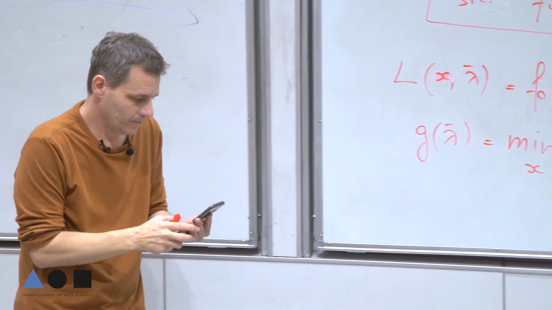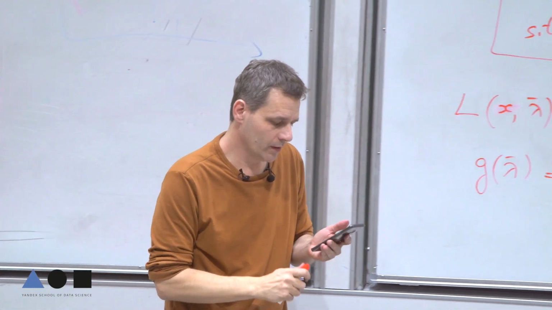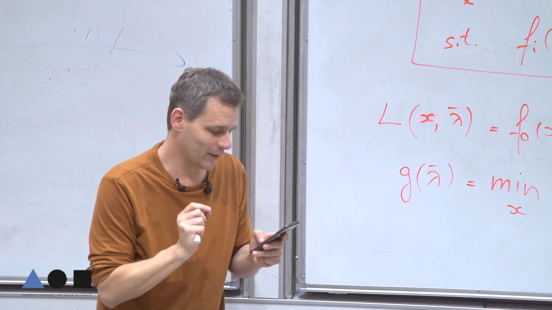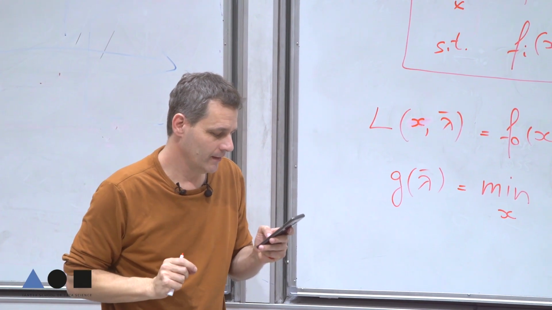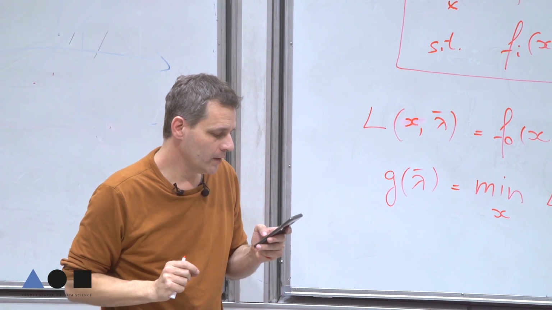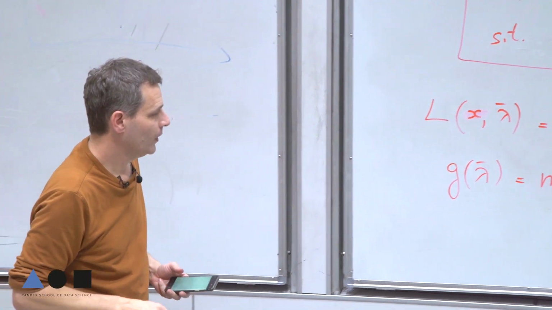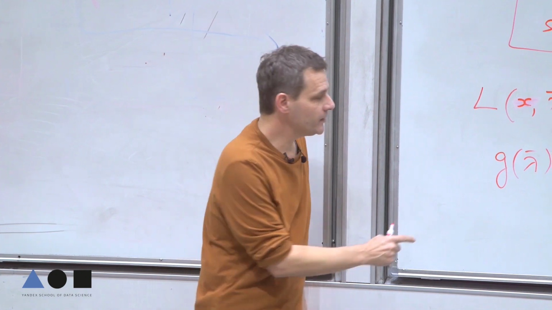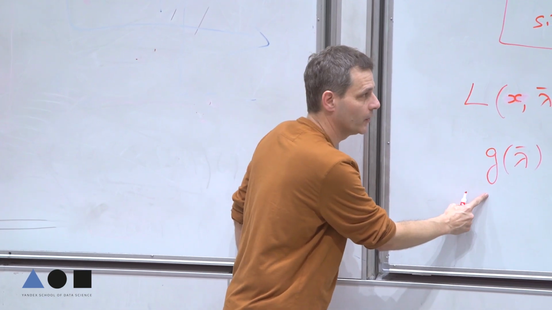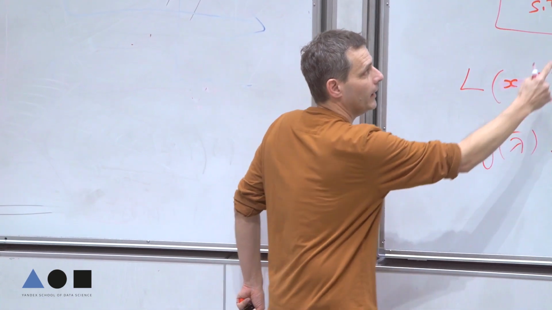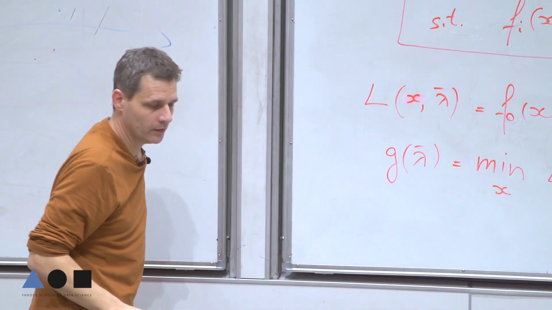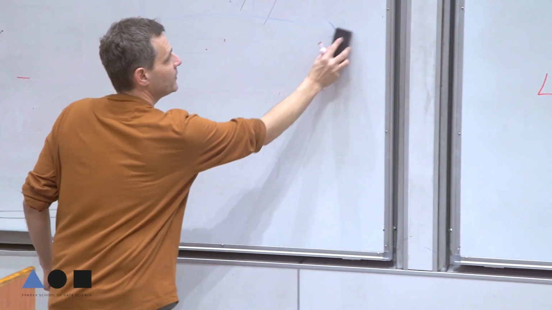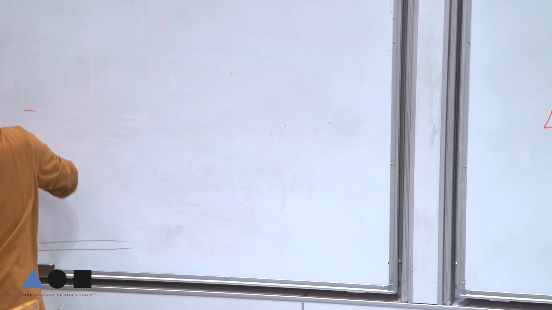I just want to tell you about the following property. I want to be careful here. There is an interesting relation between this function, the dual function, and f. It turns out it is guaranteed that g of lambda is going to be smaller than f of x.